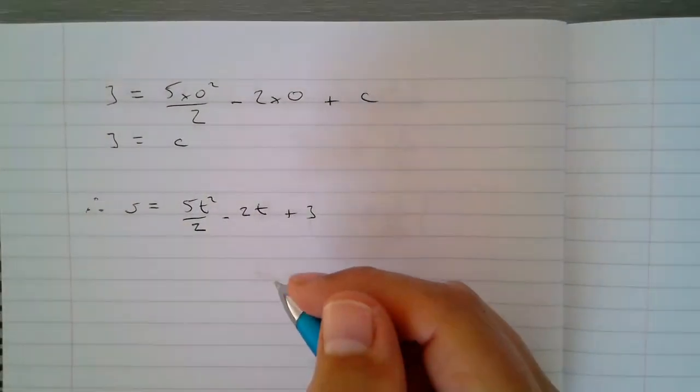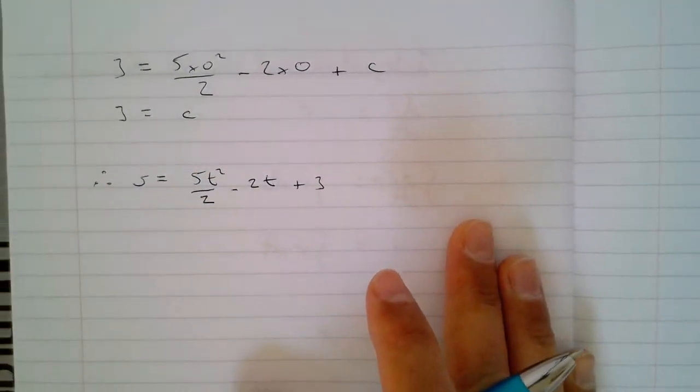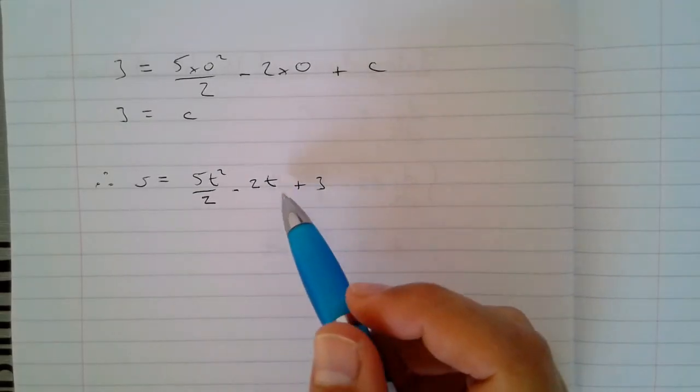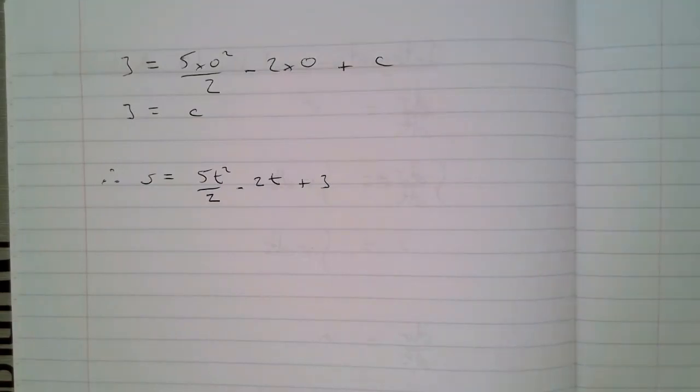Just one last thing to mention before I let you crack on with some exercises. Quite often they'll give you the initial conditions in terms of s is this when time is this.